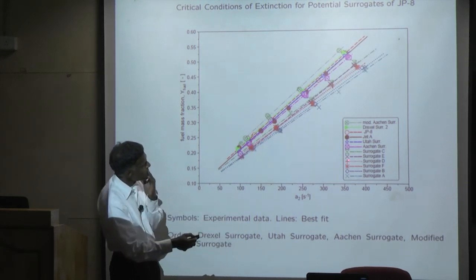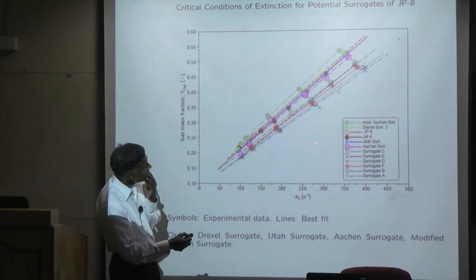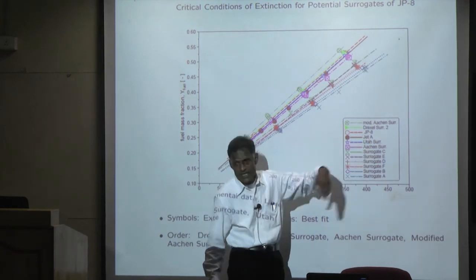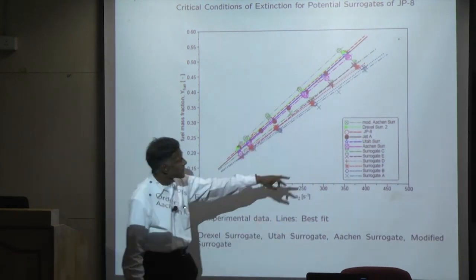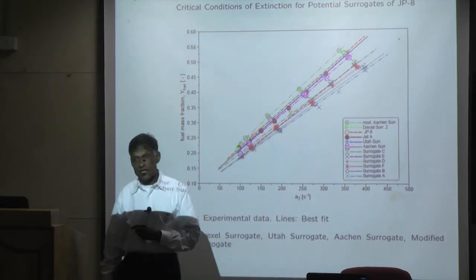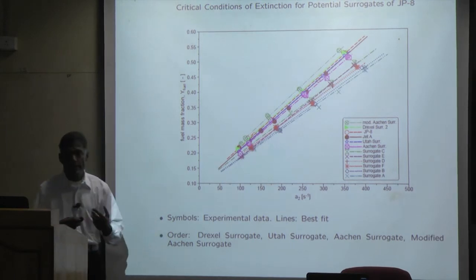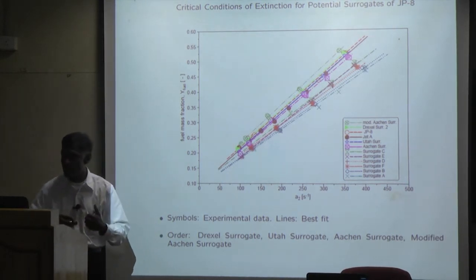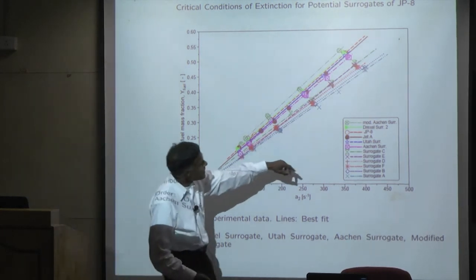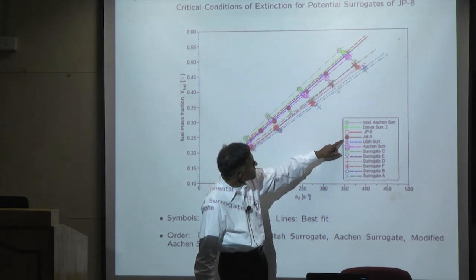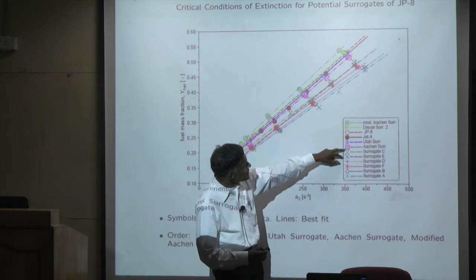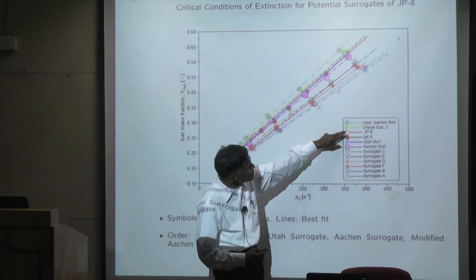What the result of this extinction experiment tells us is that whatever we tested, JP8, and this is Jet A, which is commercial airline fuel, and JP8 is the U.S. Air Force fuel, with some special additives for high performance. The point here is that if you look at it, it turns out that the ones that are closest to JP8 are the best.